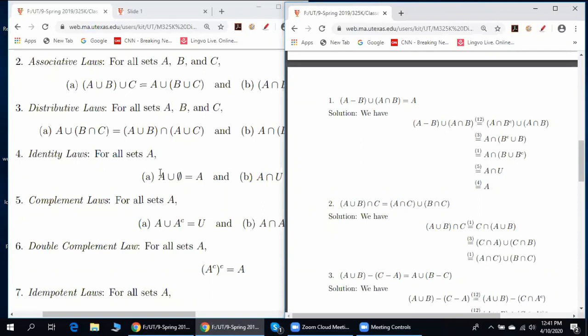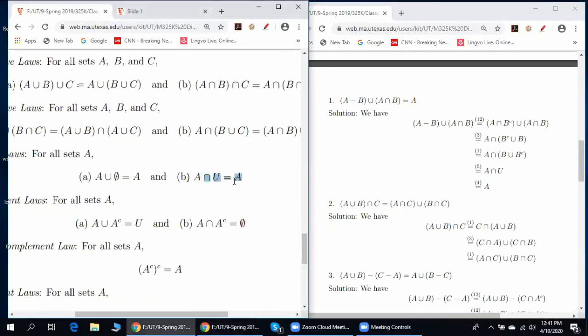Lastly, by law 4B, A intersection U is A. And we are completely done. Any questions here?